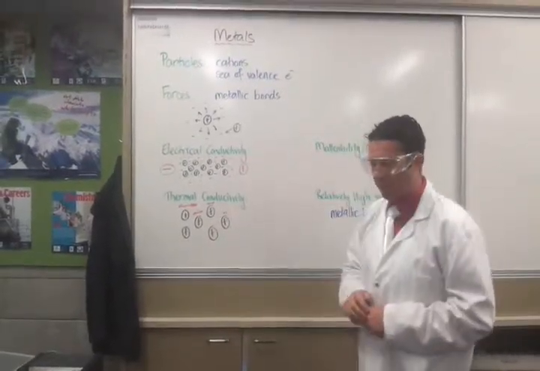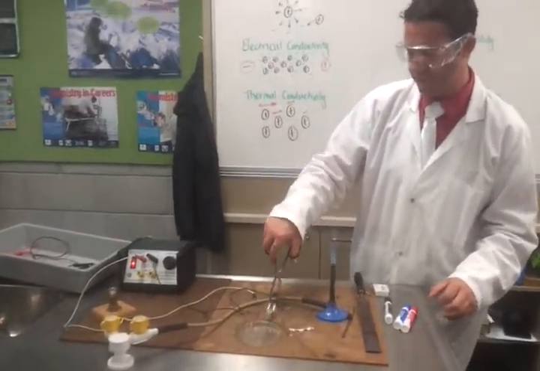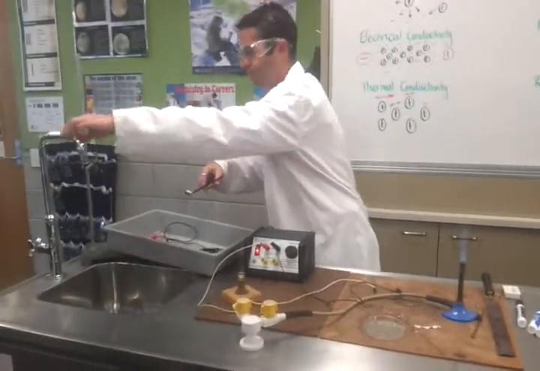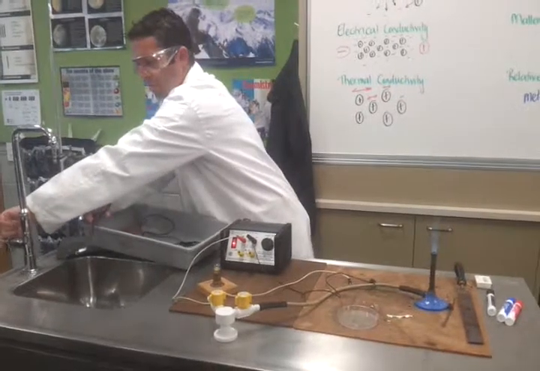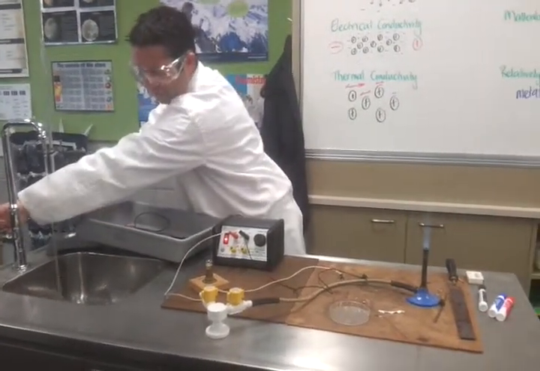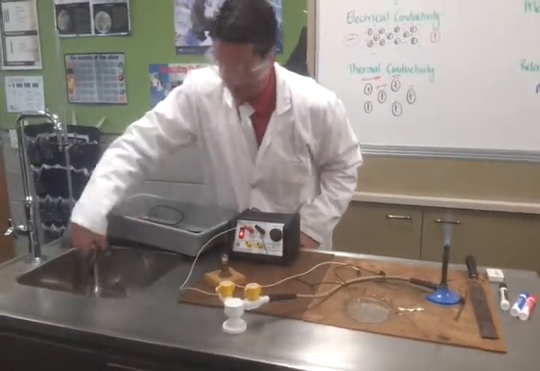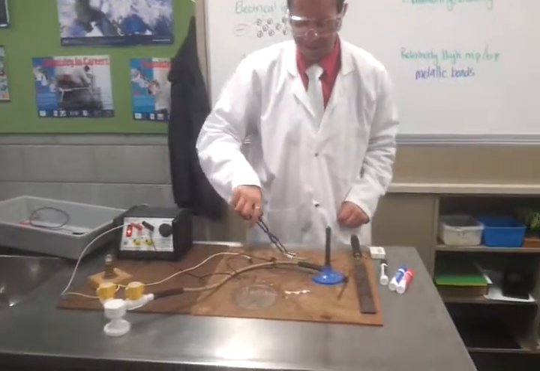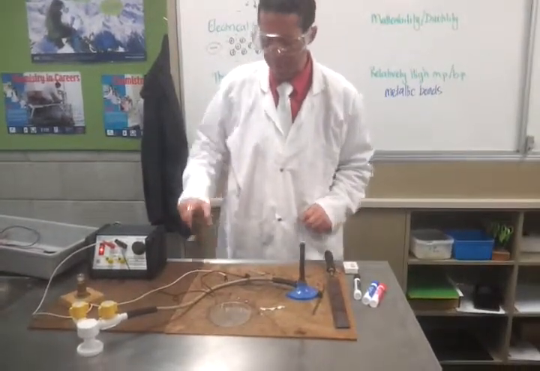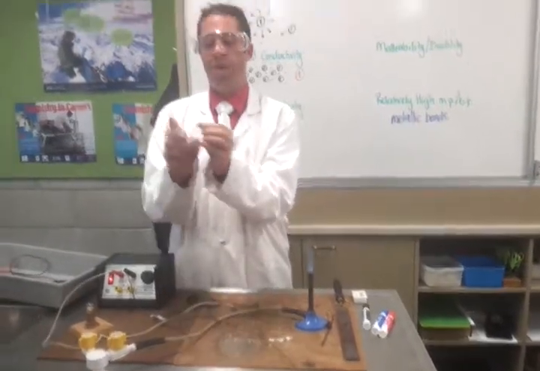The last thing we're going to look at, just hoping this is cooled down enough, and I'll just dip it in cold water to make sure, is the malleability. We're going to be cold enough now. And so I'm just going to use zinc, but I could use any of these parts of the iron nails because I'm not strong enough. And malleability just means I can change the shape without actually breaking it.